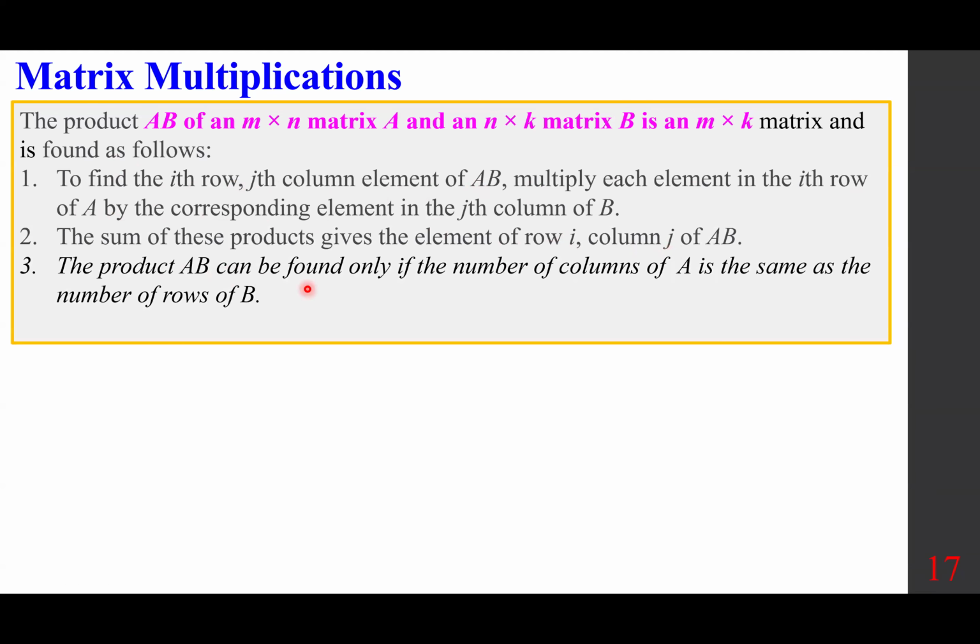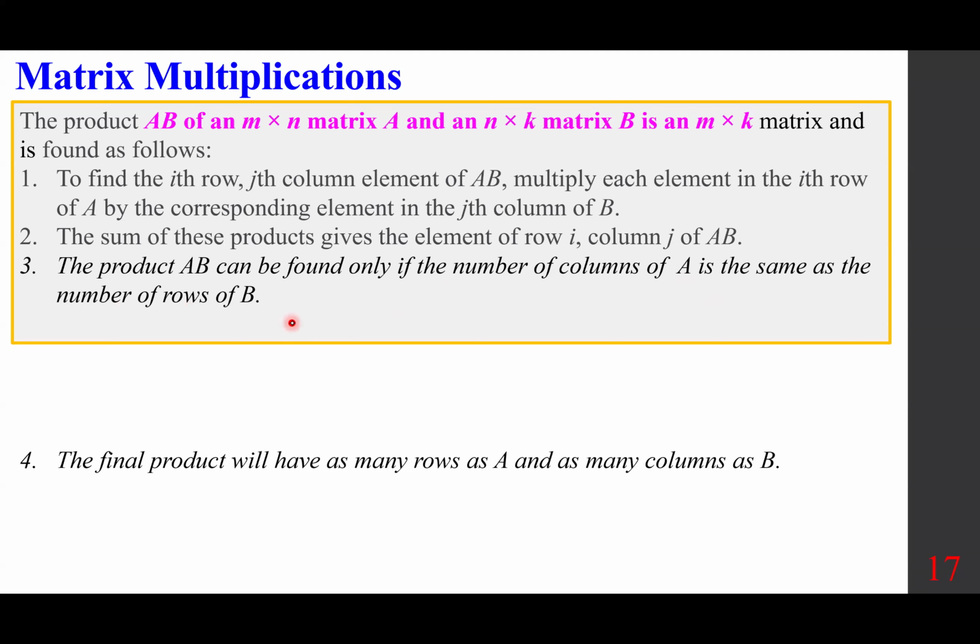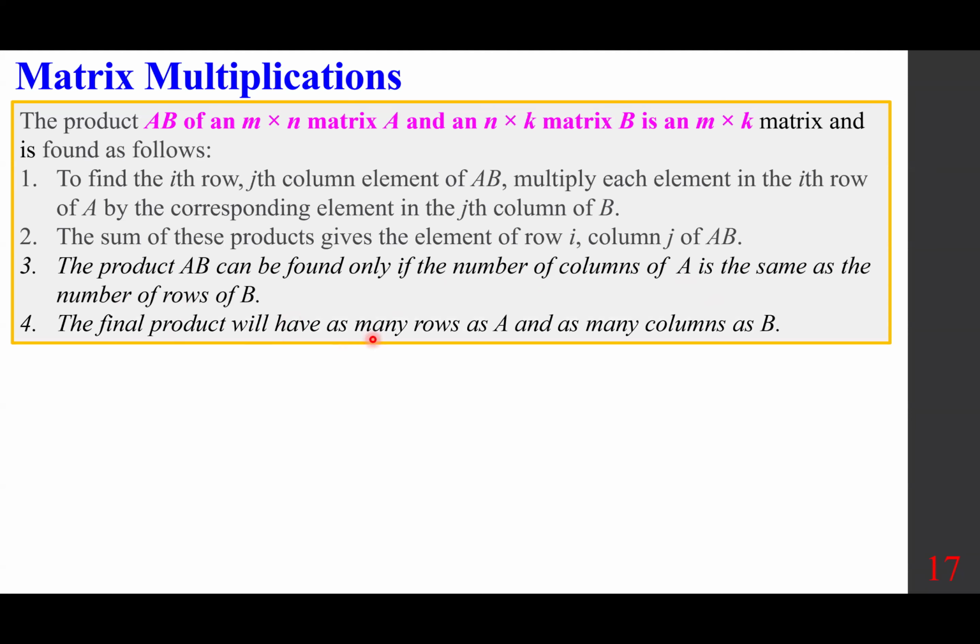The product AB can be found only if the number of columns of A is the same as the number of rows of B. The final product will have as many rows as A and as many columns as B. That's very important, everybody. So that's the way it's going to work.